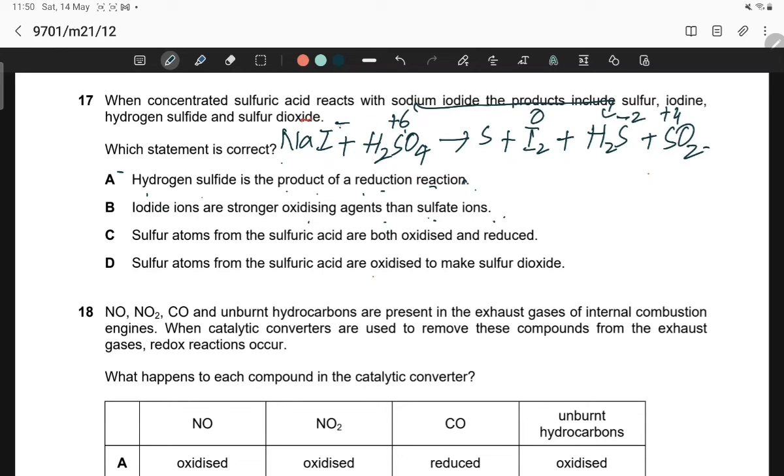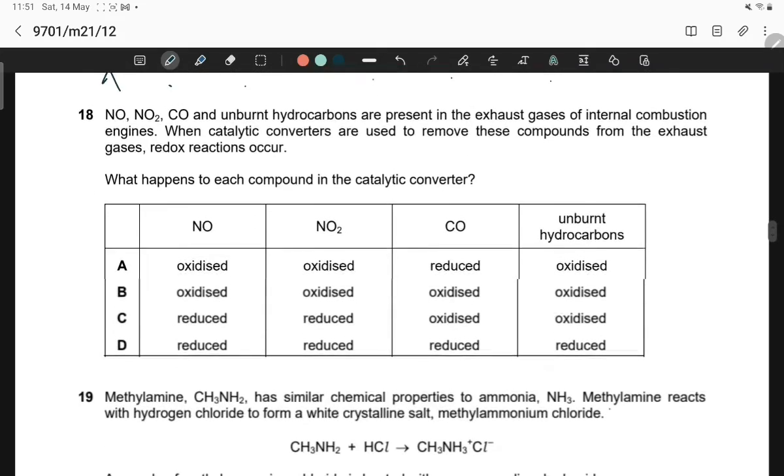Iodide ion is oxidized while sulfate is reduced, so sulfuric acid is the oxidizing agent, so this is incorrect. Sulfur atoms from the sulfuric acid are both oxidized and reduced? This is only reduced, to -2 and +4, so this is also incorrect. Sulfur atoms from the sulfuric acid are oxidized to make sulfur dioxide? Sulfur atoms from the sulfuric acid are reduced to form sulfur dioxide, so A is the correct answer.